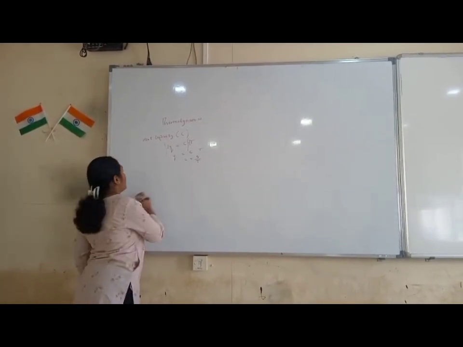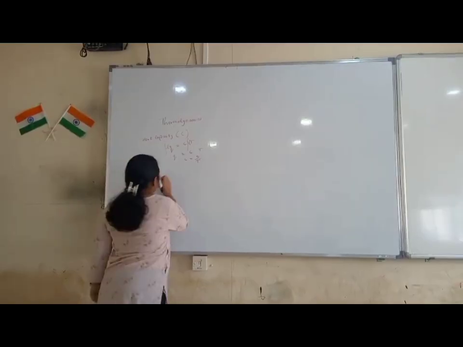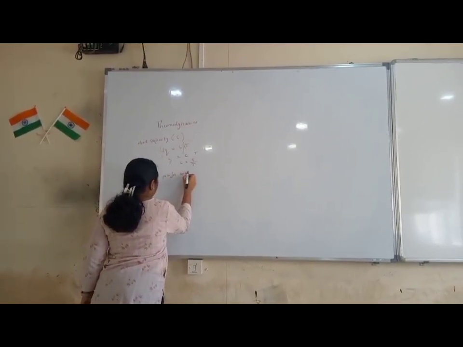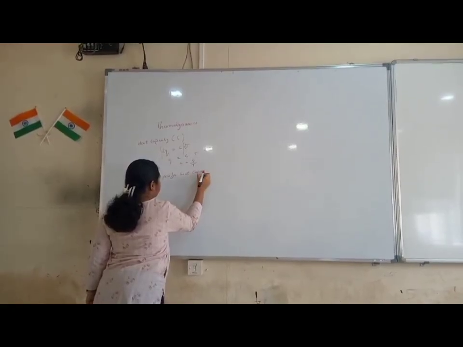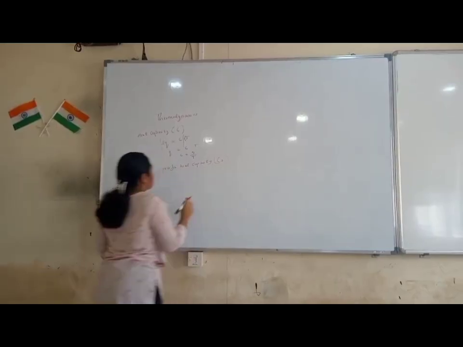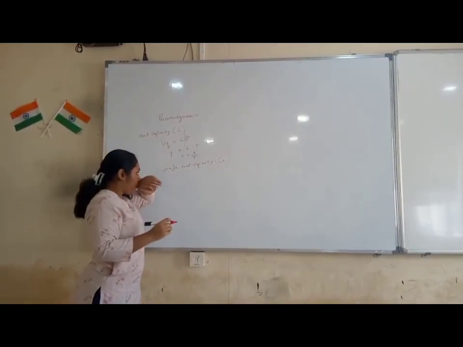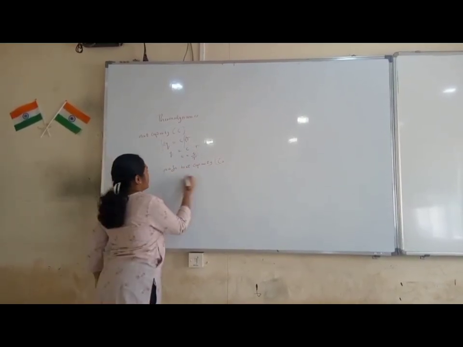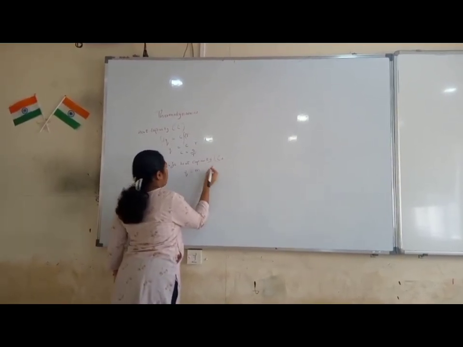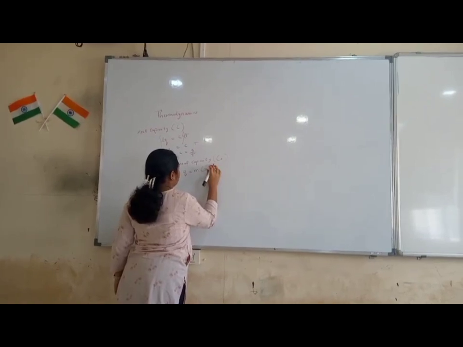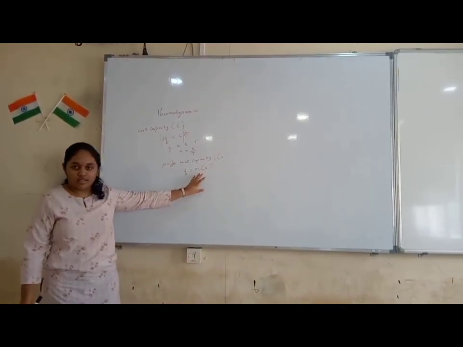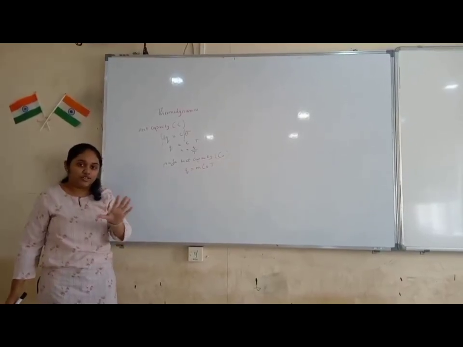It is represented by CS. So we can directly write Q equals m CS delta T.